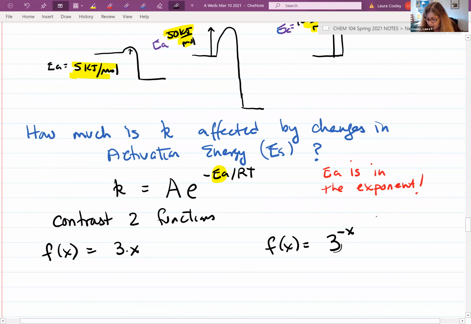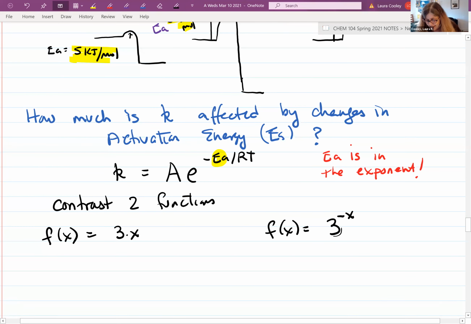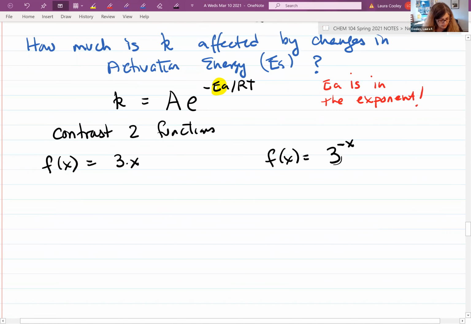So it's like I'm sort of doing an illustration of 3 times x versus e to the minus x. Let me just put some numbers in, okay? So suppose x is equal to 6. So we have f of x equals 3x, which I just wrote. If x is equal to 6, then f of x equals 18.